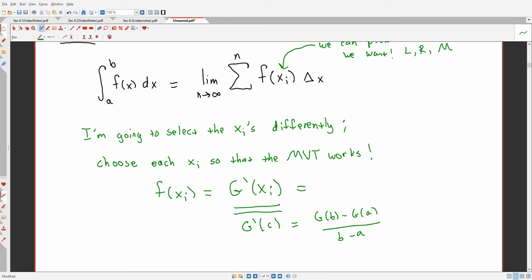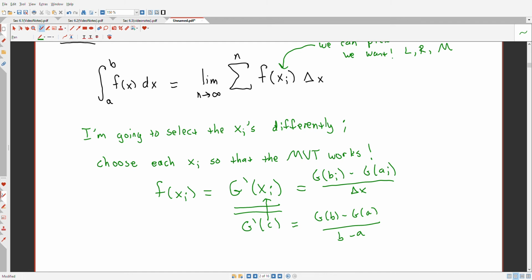Well, here, what's playing the role of c is this xi, and what I have here are two endpoints. I'll say g of bi minus g of ai all over bi minus ai. Well, that's delta x.